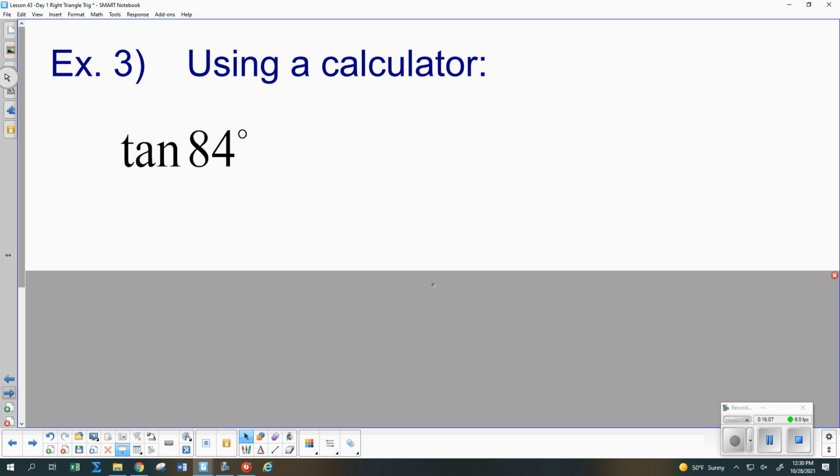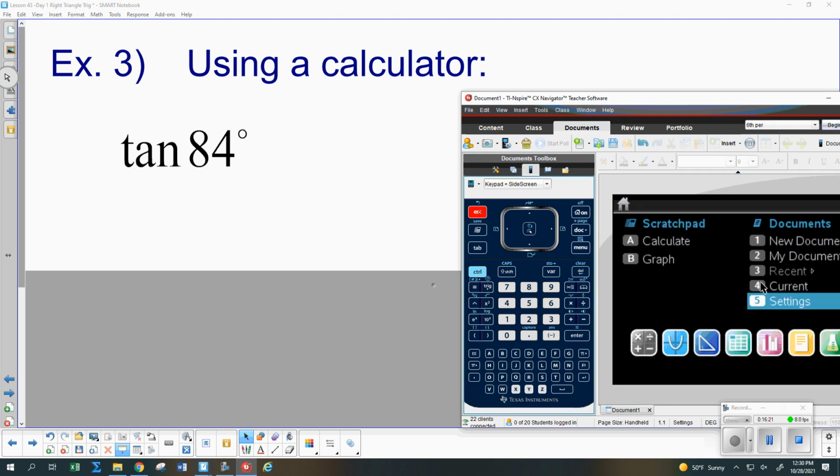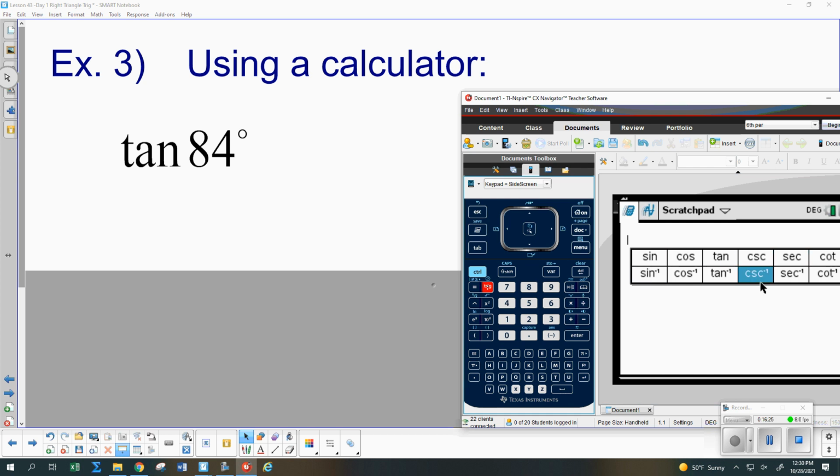Okay, to calculate tangent of 84, you are going to go to the Trig button, which is right beside the 7 on an Inspire, and push that. And then you've got all of these choices there.